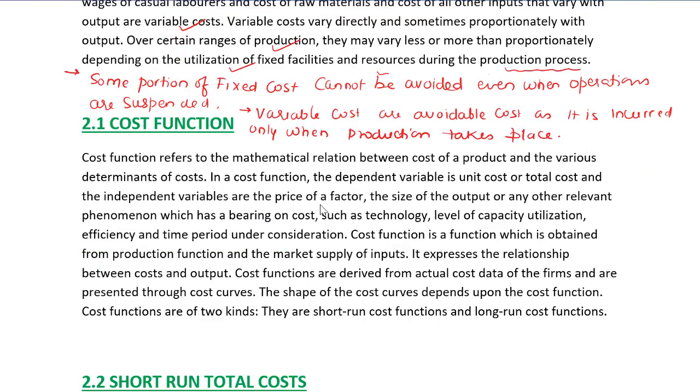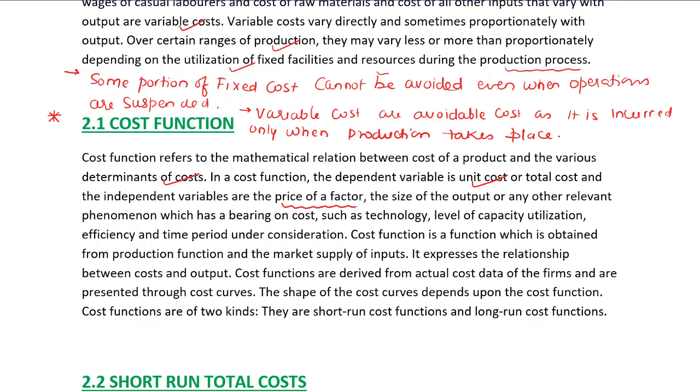Let's move to the next concept, and that talks about cost function. So basically, cost function refers to the mathematical relationship between cost of a product and its various determinants of cost. In a cost function, the dependent variable is cost unit or total cost, and the independent variable is price of the factor.